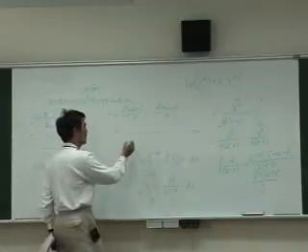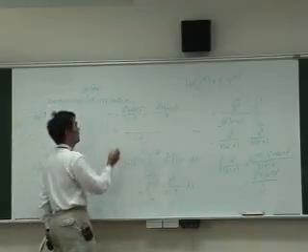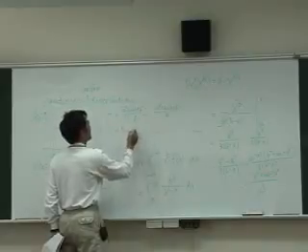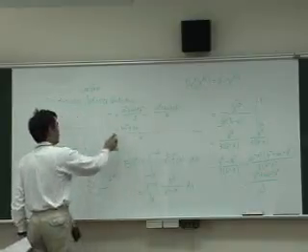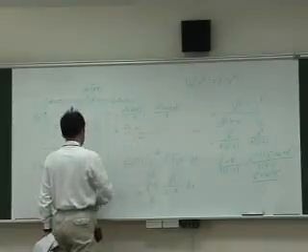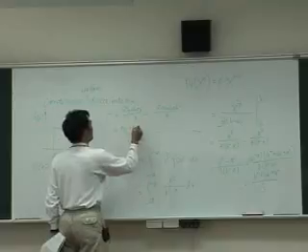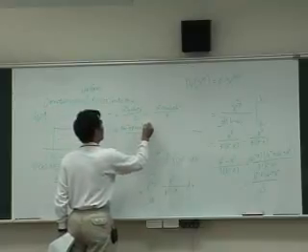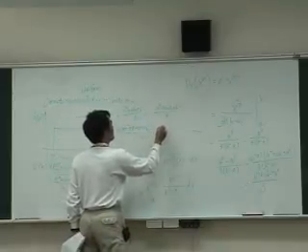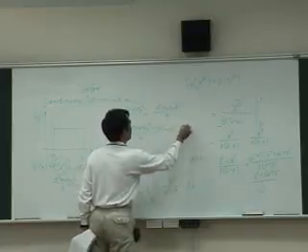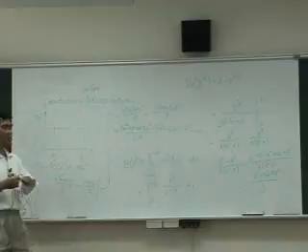That should be 12, right? And then you have 3a squared plus 3ab. Sorry, it should be 4. You have 4a squared plus 4ab plus 4b squared minus 3a squared minus 6ab minus 3b squared. Questions?